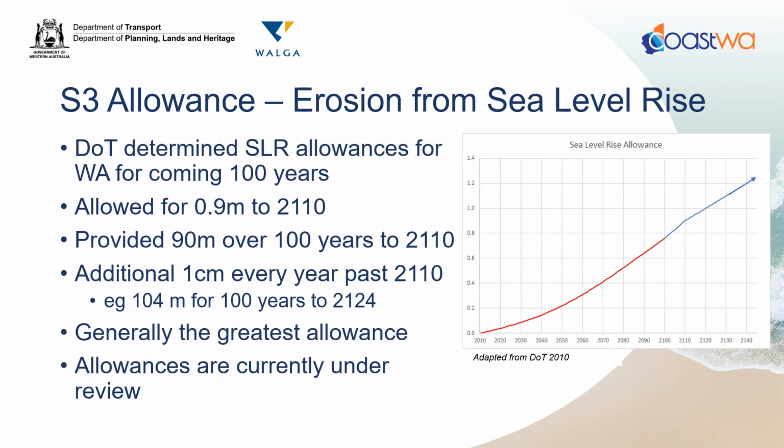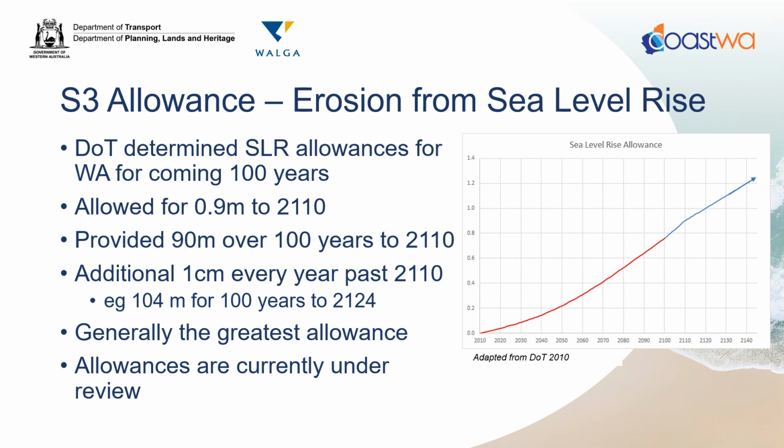The Department of Transport has determined appropriate sea level rise allowances for use in Western Australia and coastal planning for the coming 100 years. And they allow for 0.9 metres of sea level rise out to 2110, corresponding to 90 metres of erosion in that 100-year period. For every year past 2110, they then allow an additional centimetre of sea level rise, corresponding to an additional metre of erosion.